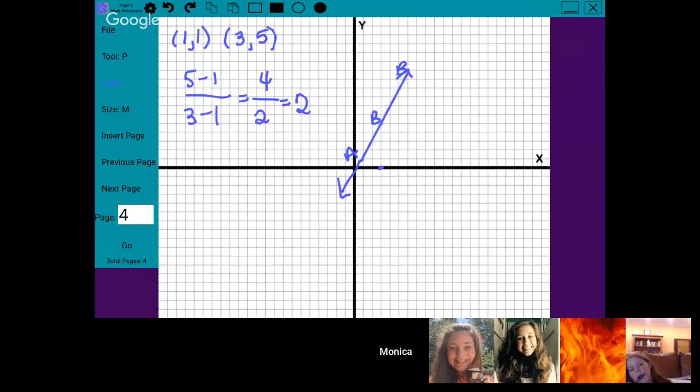Okay, so now you're going to start with this point down here, your point P, and you're going to use this slope of 2 and graph your line. So a slope of 2 means that you're going to need to go up 2 and over 1, and then up 2 and over 1, up 2 and over 1. You can go down 2 and to the left 1 also, so that you can extend your line.